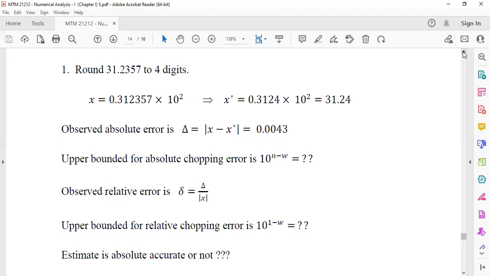It is a little bit of a bigger calculation, I know, but just try. Use your calculators and everything. So what about the upper bound for the absolute error? What is the answer?